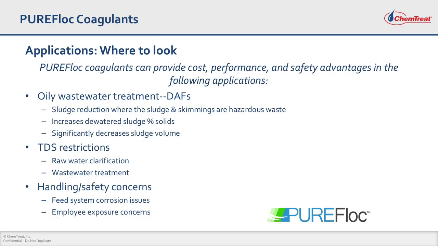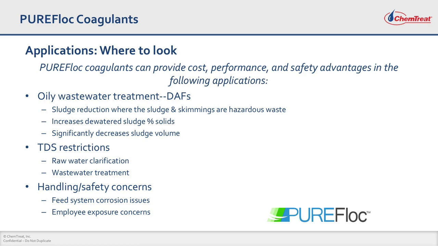Where do we find applications for this product? What we've seen is that these products are particularly good in oil wastewater treatment applications. So DAF, CPIs, let's say, also. Any application where you're going to have a high oil and grease content, these products tend to do a very good job in separating out the oil.